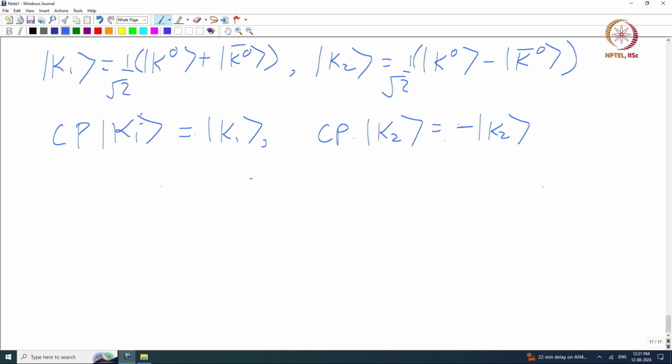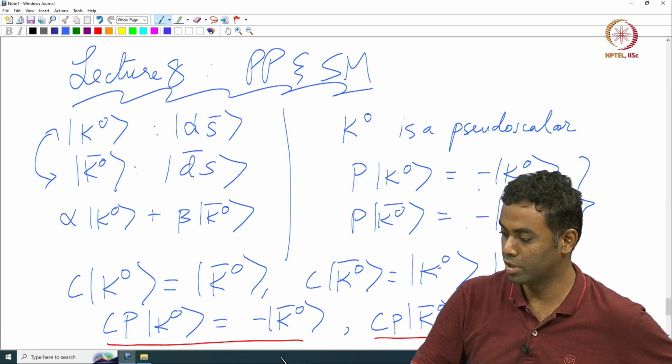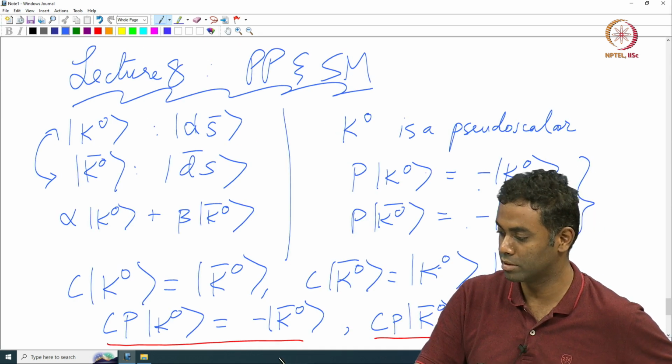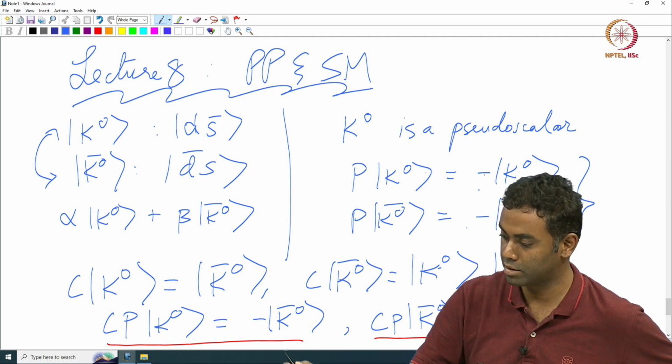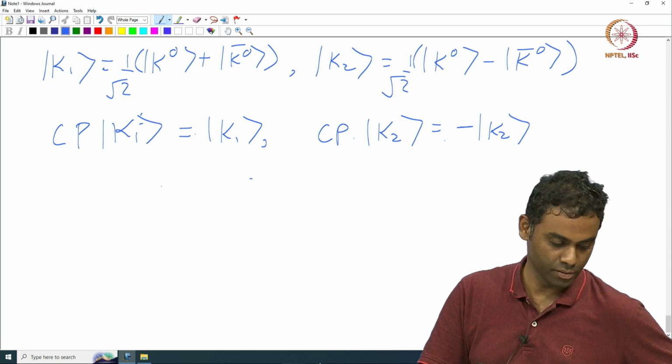One is CP even, another is CP odd, correct? So these are the CP eigenstates. As I was telling you, there are different combinations, it depends on what you want to measure. If you want to measure P, these are the eigenstates. If you want to measure CP, these are the eigenstates that you should be thinking about.